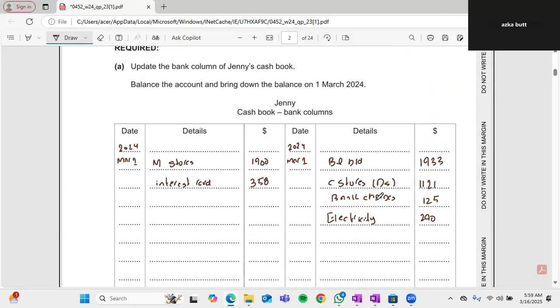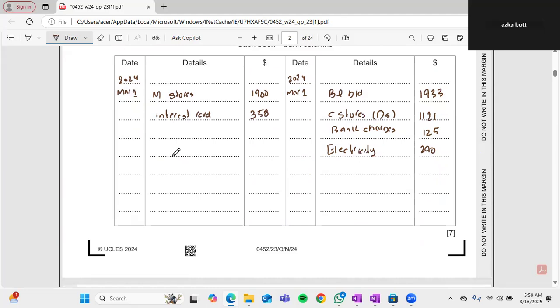Correction of error, this is 45. Now we need to total the amounts.